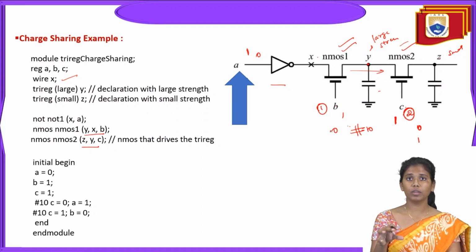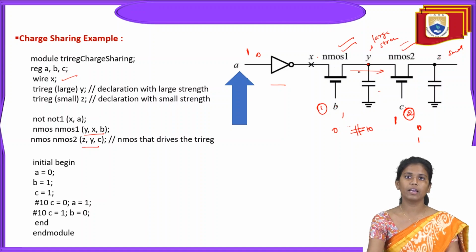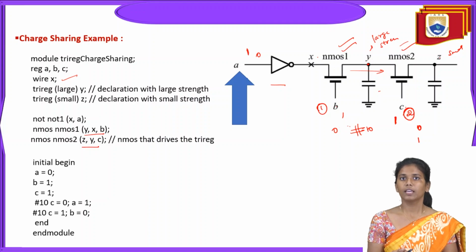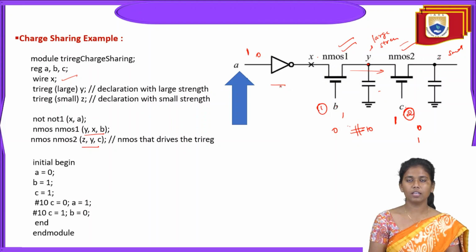That means here you can see a relationship between A, B, C and both the switches, NMOS 1 and NMOS 2. There is a kind of relationship between the two switches, and the switching on of the two different switches is happening with respect to the NOT gate that you are considering.